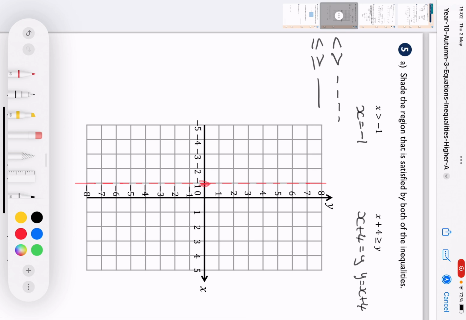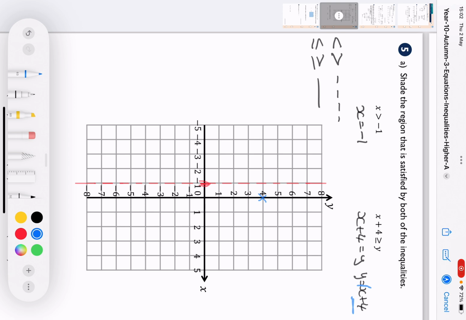Now I want to draw the line of x plus 4 is greater than or equal to y, and I can see that this is going to be a full line because of the greater than or equal to. I've rearranged it so it's y equals x plus 4, and what that tells me, if I do this in blue, first of all, is the gradient of x is 1. So first of all, it goes through 0, 4, which is here.